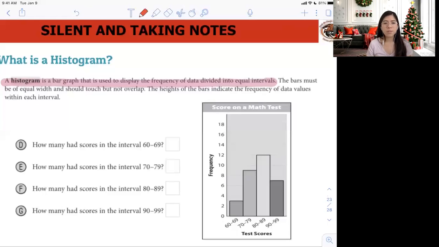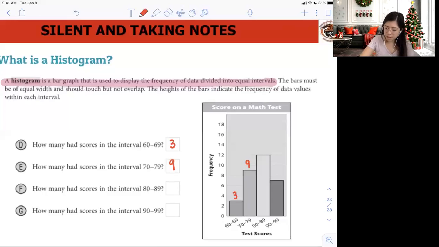So how many students had scores between 60 and 69? 3. Yeah, 3, good. What I always do with histograms is label them right away if I see one, it's easier to see it that way. What about 70 to 79? 9.